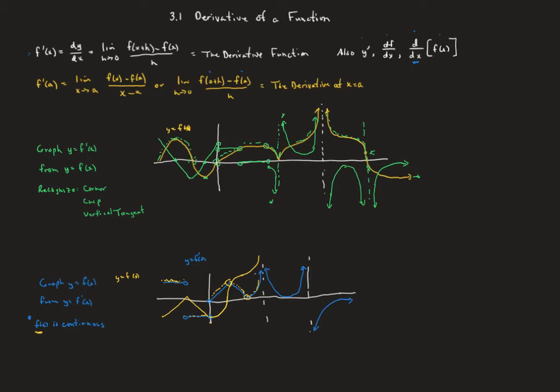Now we see that this is going to the same infinity on both sides. So that means as I come in here, then this must be a vertical tangent. And you can see the derivative is positive, and then it's positive again. And then it's going to go and approach 0 by the time I get to here. But then it's going to turn and go positive again, but this time we're going to go to different infinities.